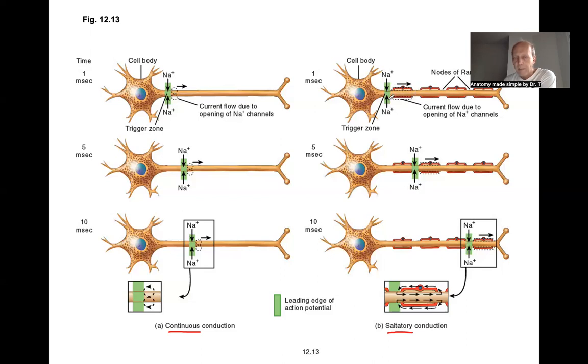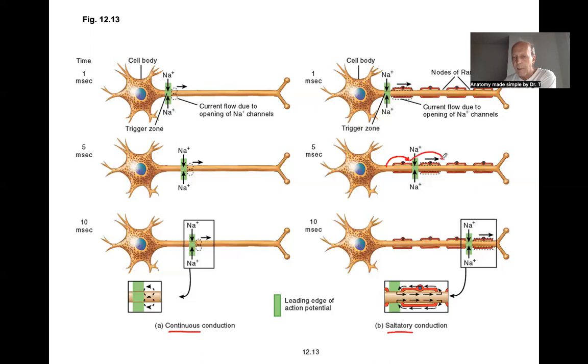As a result of this, the area of the axon which is covered by myelin basically does not allow any additional changes, but at the node of Ranvier, additional sodium channels start opening. So as a result of the gradient between the previous and the next node of Ranvier, we're talking about an action potential which keeps leaping.